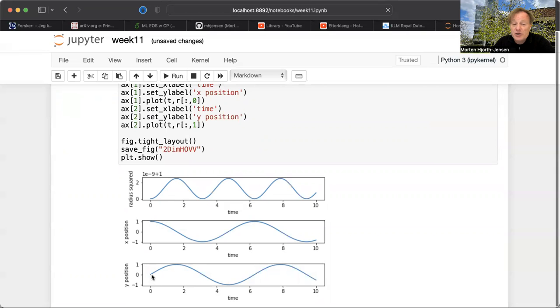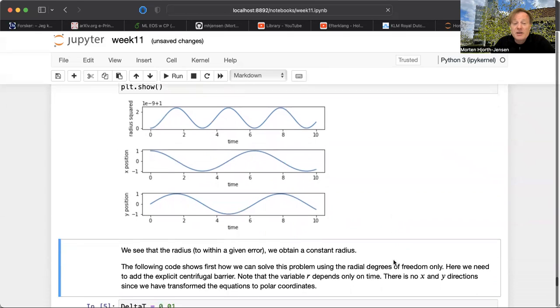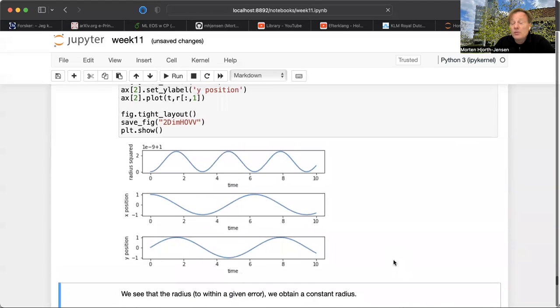The X position starts at 1 and then goes down to minus 1. And then I have Y, which starts at 0, goes up to a maximum value of 1, and goes down to minus 1. And keep in mind that R is the square root of X squared plus Y squared. So this is a typical situation we would have encountered if we had run everything in terms of Cartesian coordinates.